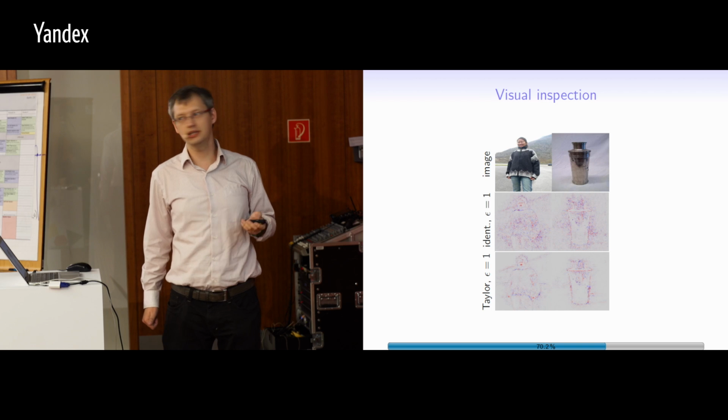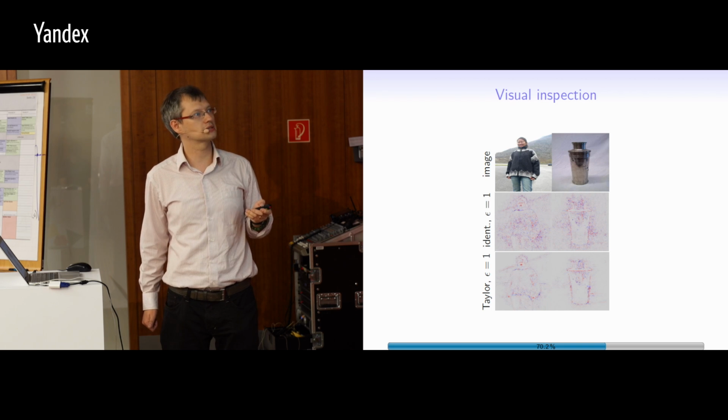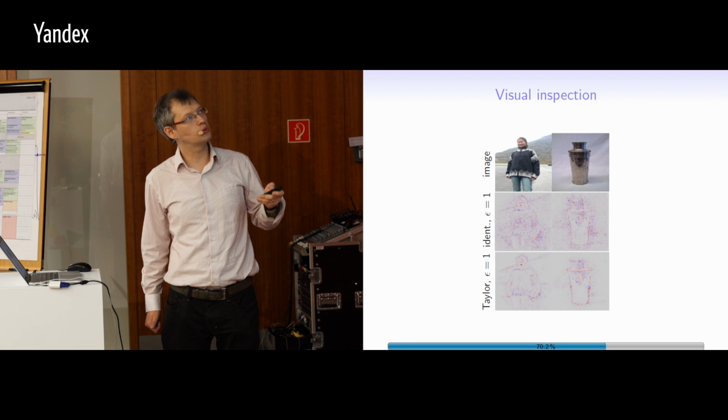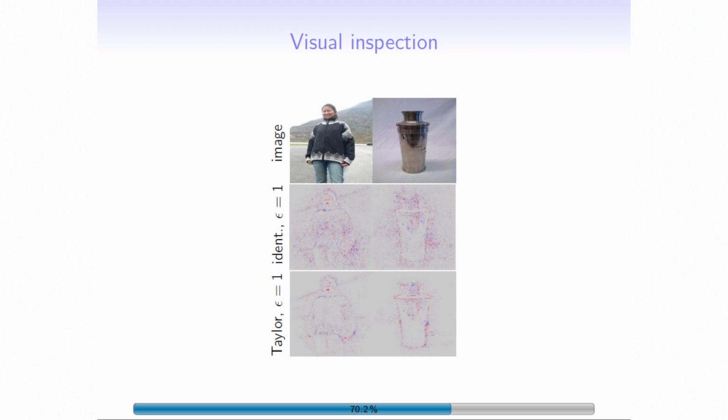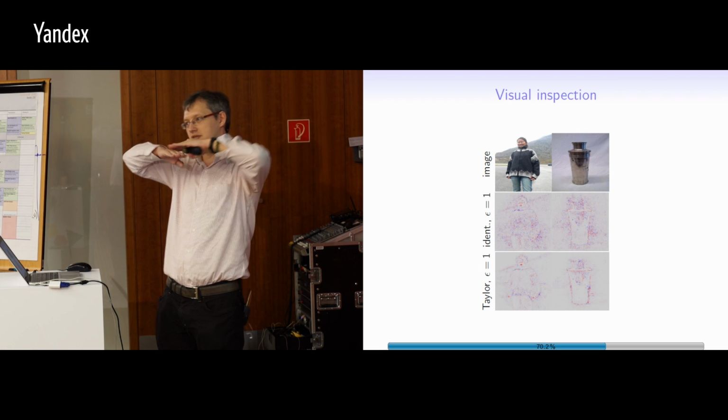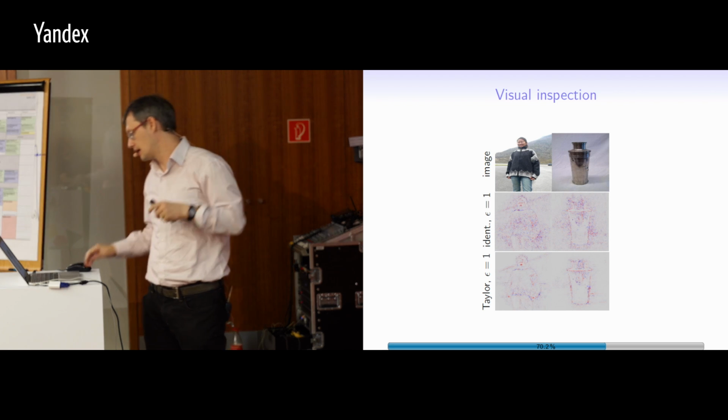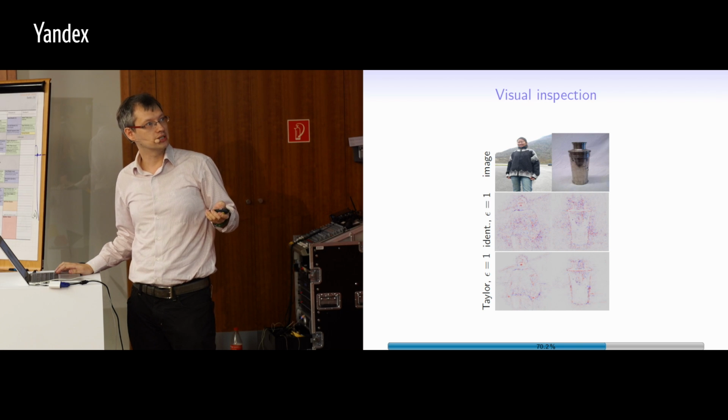So again, Caffe reference or GoogleNet, this was the identity with epsilon equal to 1. This is quite noisy. And if you apply the Taylor decomposition also for the local renormalization layers, which follows the same philosophy of LRP, this becomes much cleaner.